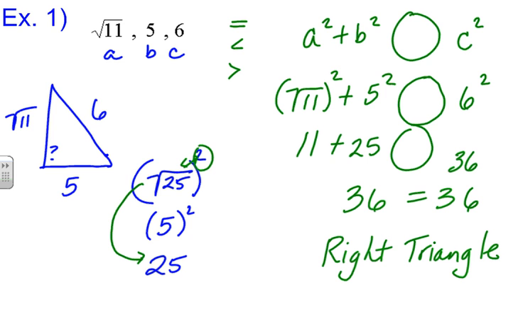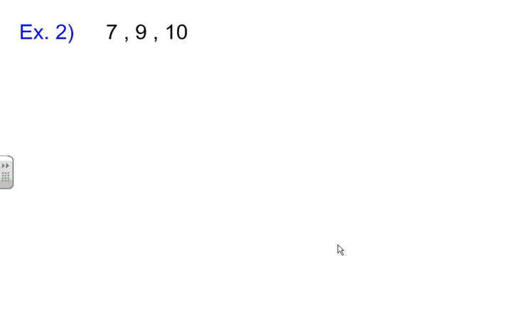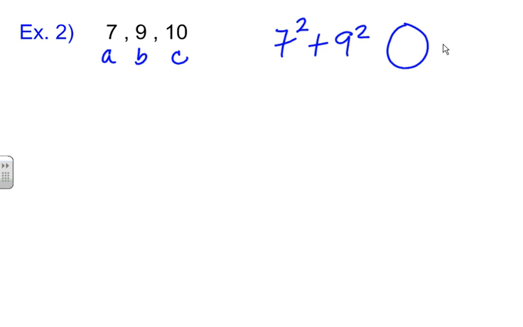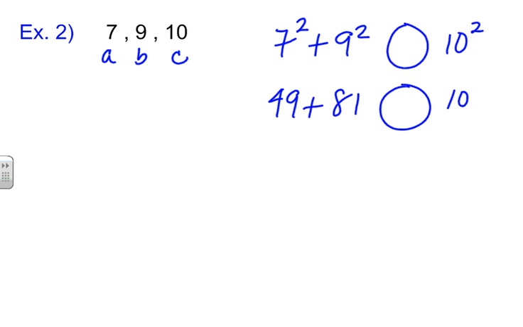We're going to try it a few more times. Once again, here is a triangle with sides of 7 and 9 and a hypotenuse of 10. So we put it in the formula, 7 squared plus 9 squared. And again, how does it relate to 10 squared? We know 7 times 7 is 49, and 9 times 9 is 81. And 10 times 10 is 100.